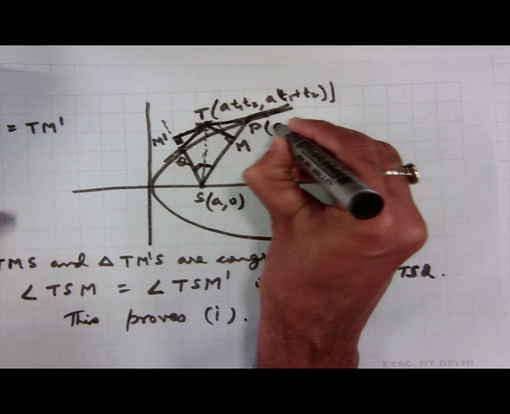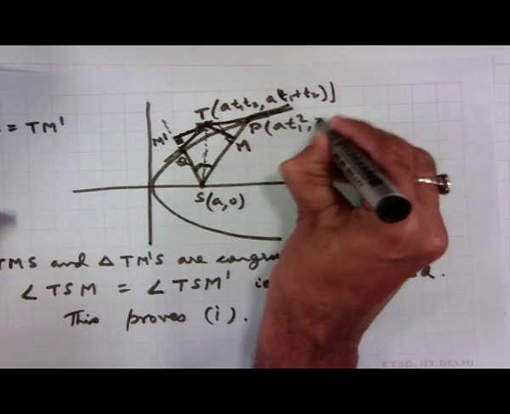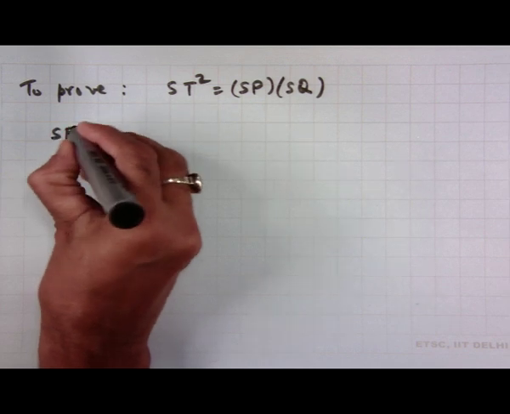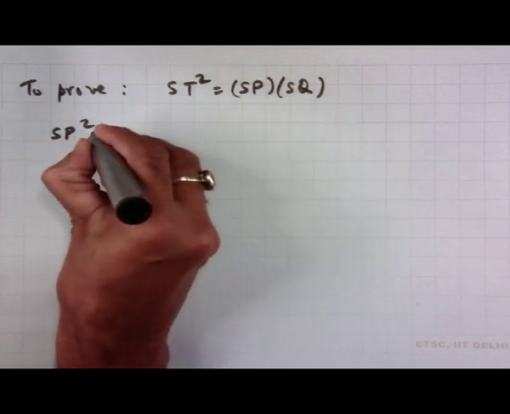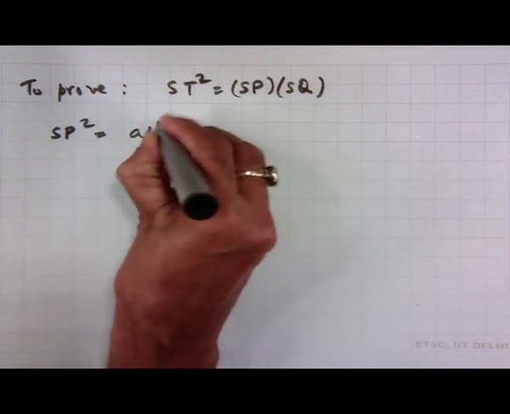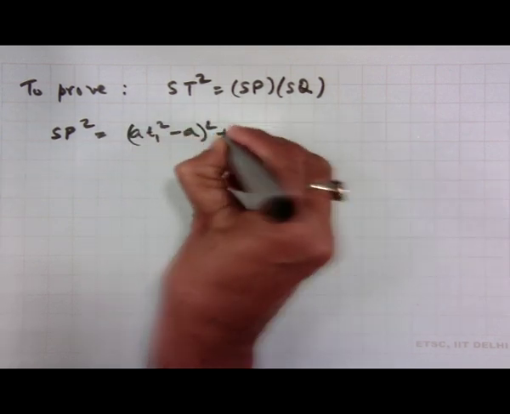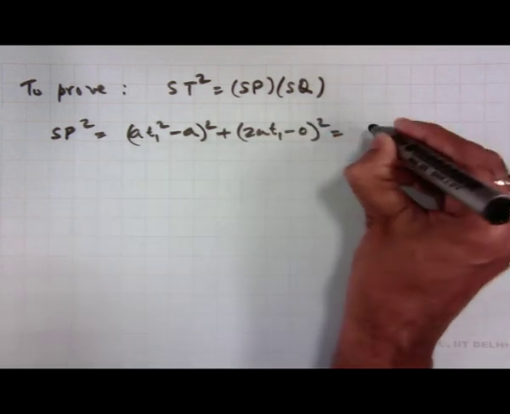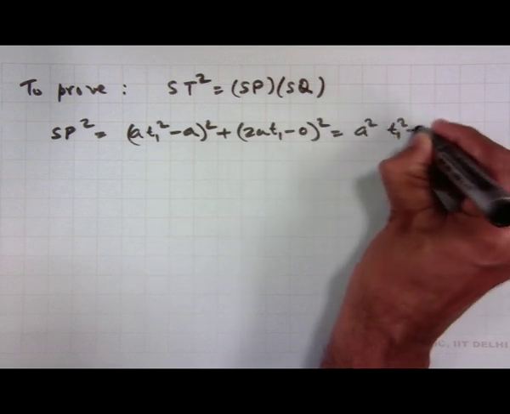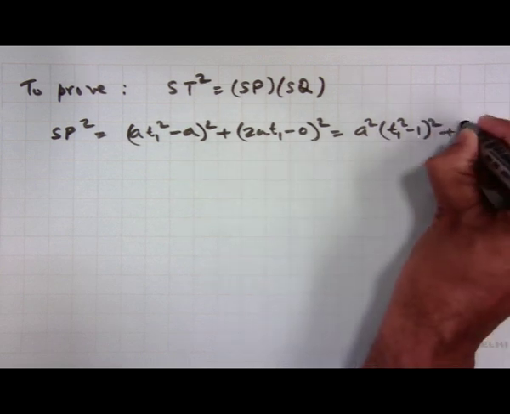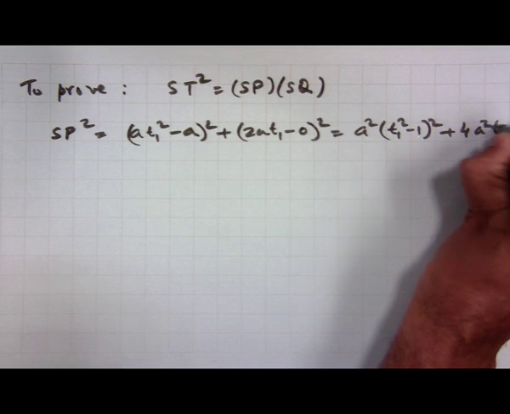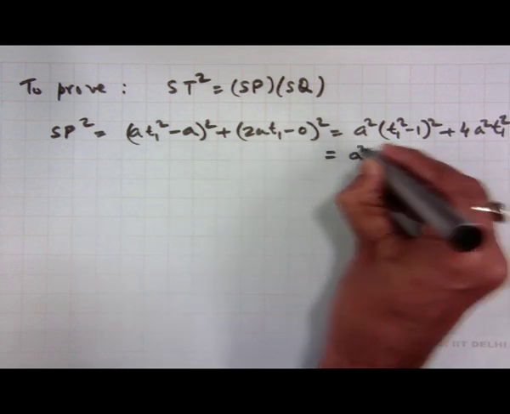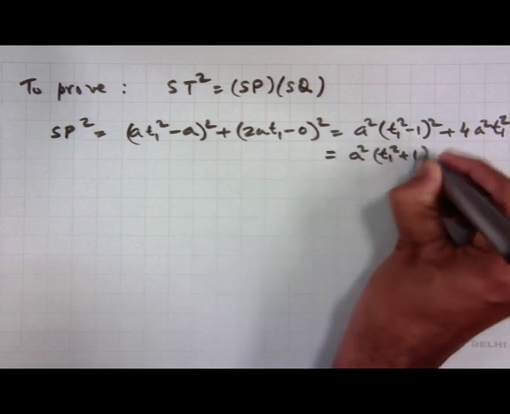This point P is (at1 square, 2at1), Q is (at2 square, 2at2). So, SP square is (at1 square minus a) square plus (2at1 minus 0) square, which is equal to a square times (t1 square minus 1) square plus 4a square t1 square, which is the same thing as a square times (t1 square plus 1) whole square.